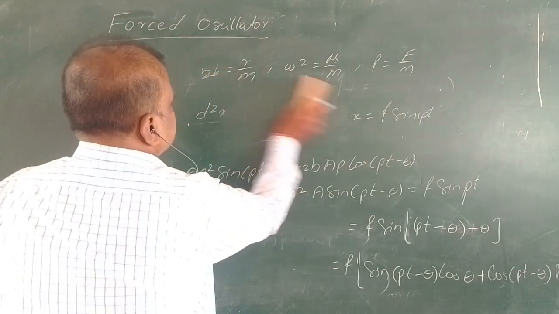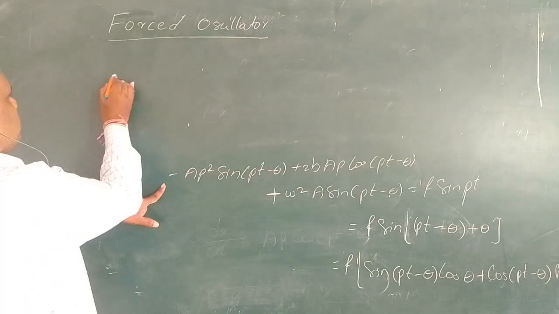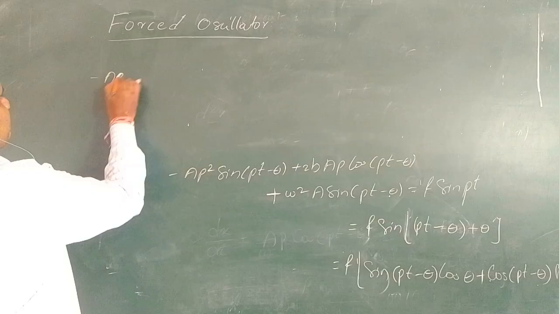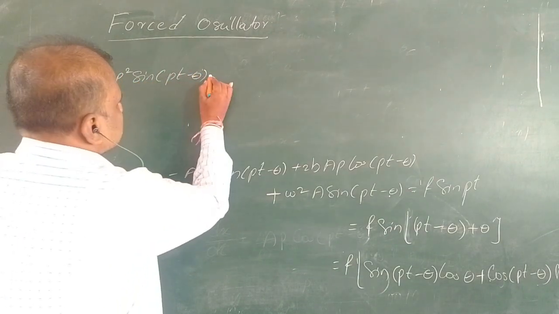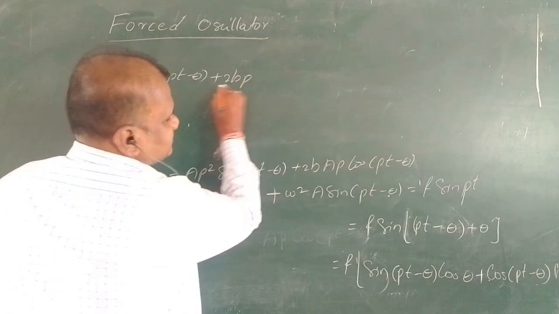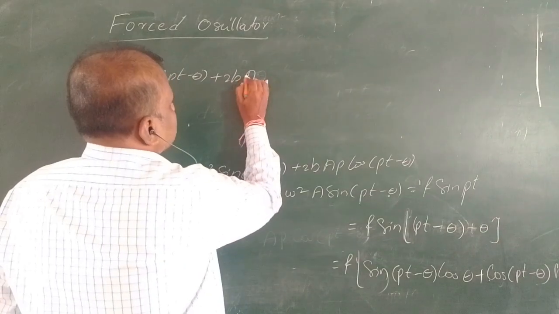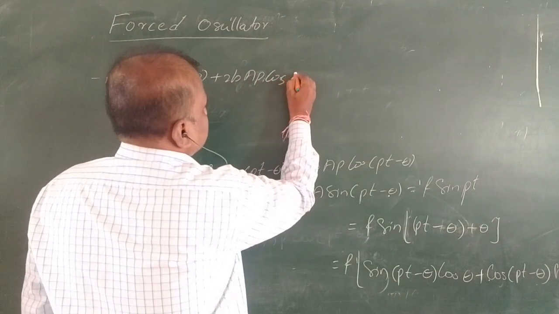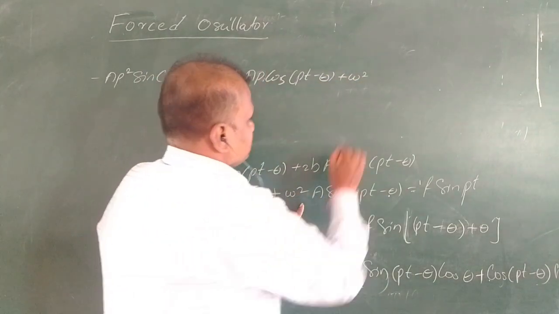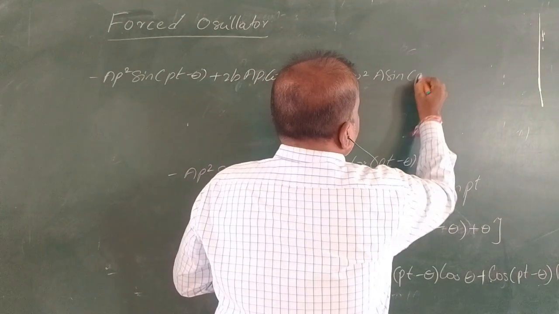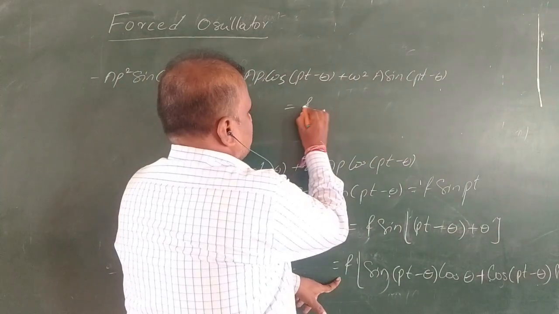Again I am going to write over here: minus a p square sin(pt minus theta) plus 2b a p cos(pt minus theta) plus omega square a sin(pt minus theta).